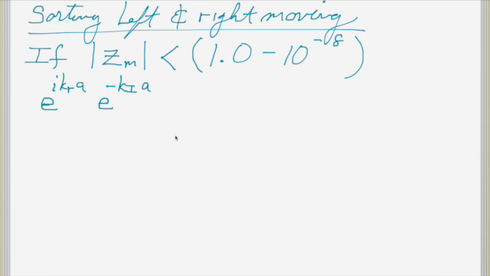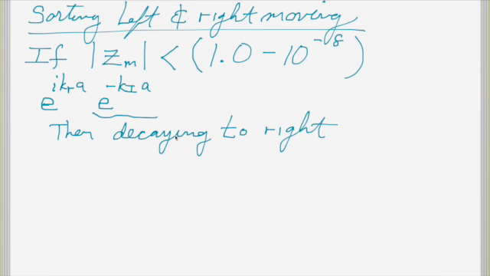So if the imaginary part is positive, then this second term is less than 1, and this thing represents something that's decaying as you move to the right. So if this is true, you're decaying to the right.